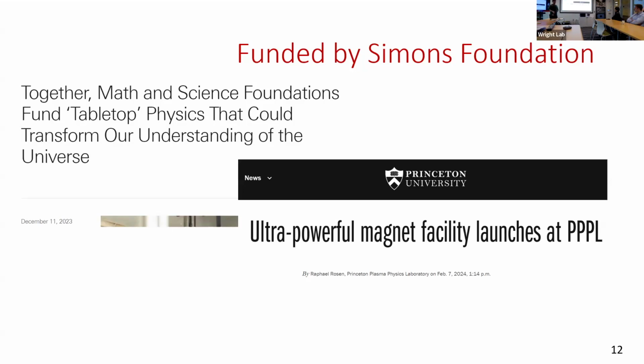Some of you may know that there's a lot of excitement in the fusion community right now to build bigger, stronger magnets. The Plasma Physics Laboratory is a very large part of that. So there's a lot of places that we can pull new technology from.